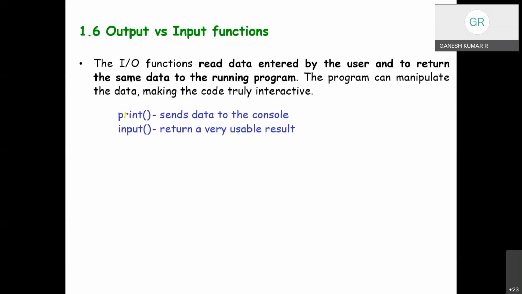The two major input-output functions are print and input. Print is a keyword, and any keyword followed by a pair of parentheses is called a function. Initially the function is empty, and later it may contain arguments or parameters according to the function call. Basically, the print function is used to send data to the console.